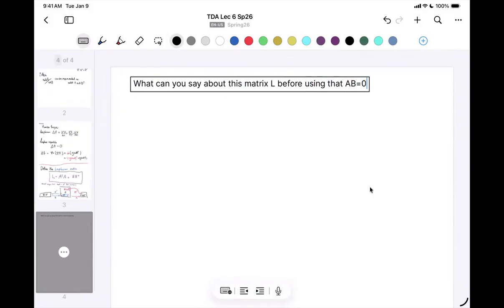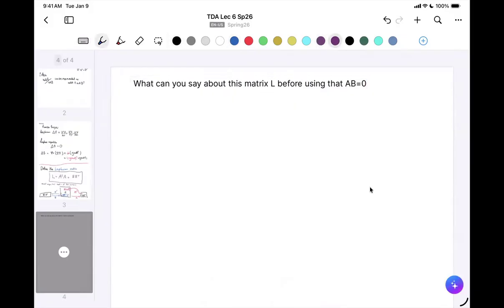Okay. So again, just to give you the formula, L was A transpose A plus B B transpose, right? What is completely true in general is that this is a symmetric matrix.